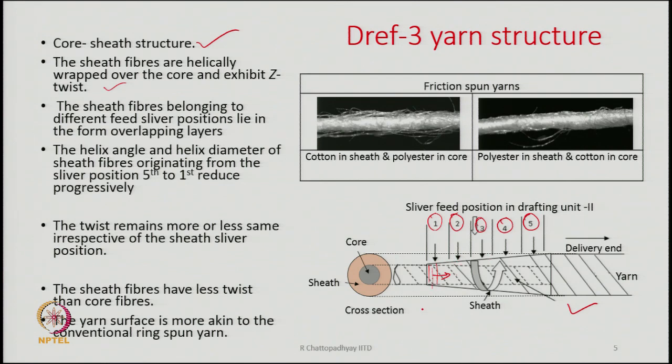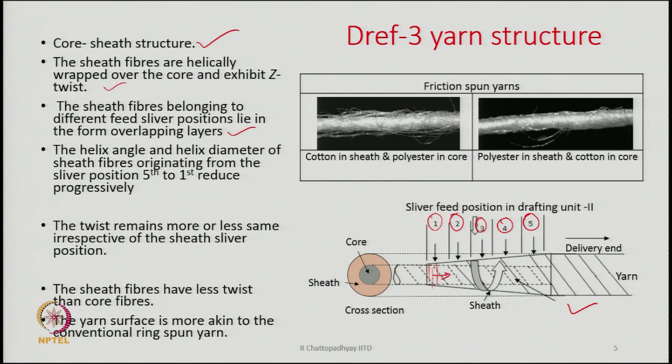So, whatever fibers are coming from position 3 will now go on the top of fiber layers 1 and 2. Like that, the fibers will be deposited on the top of each other. That is called the overlapping of fibers; overlapping layers will be there one after the other.